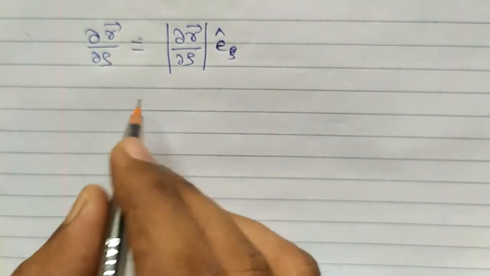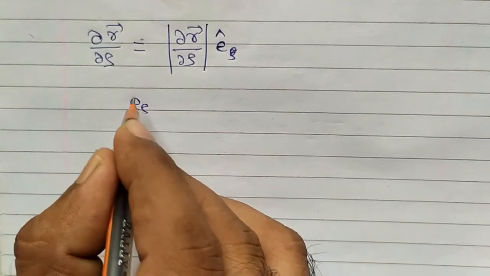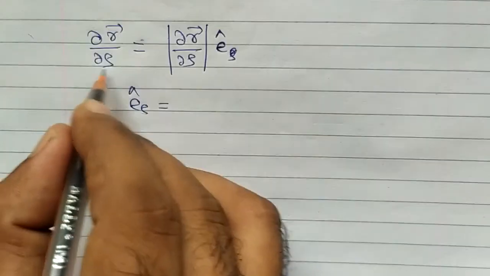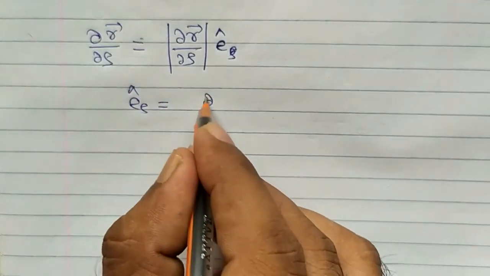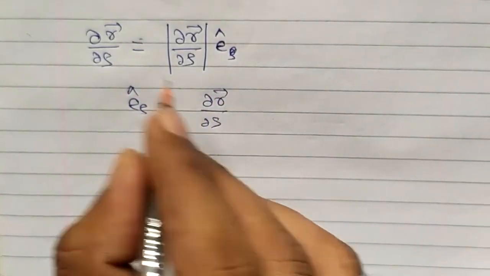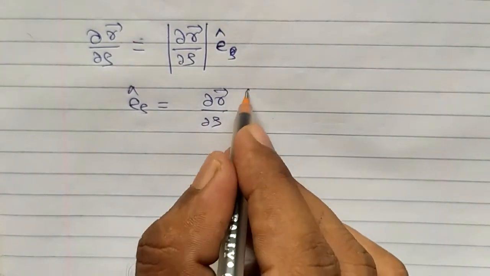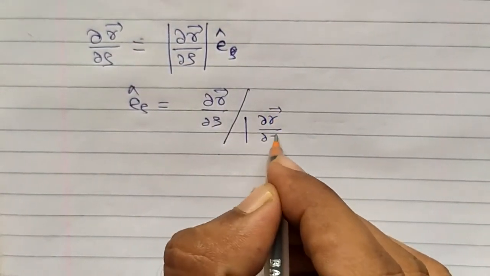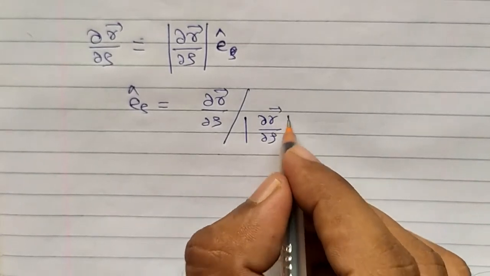Then I can find e rho cap. You just need to pull it to the other side, so it will be del r bar by del rho divided by the magnitude of del r bar by del rho.